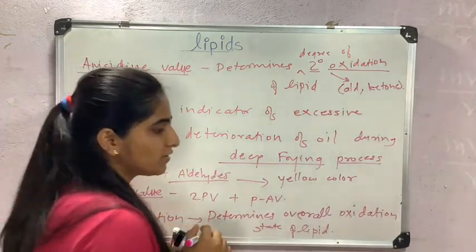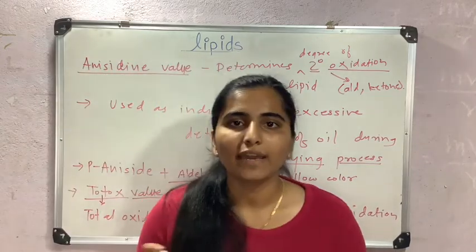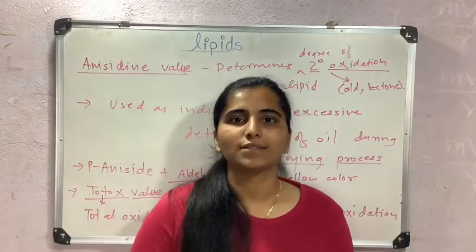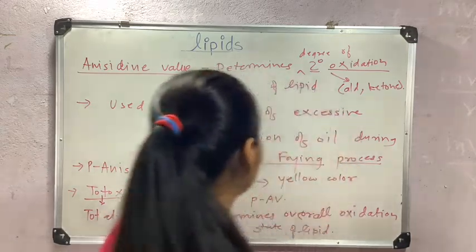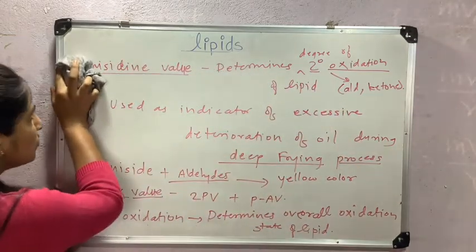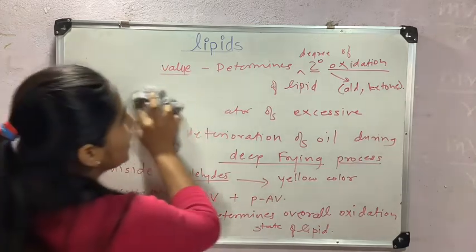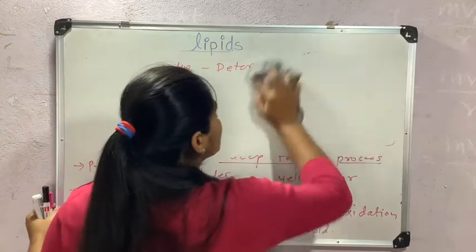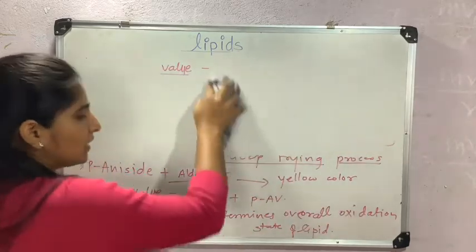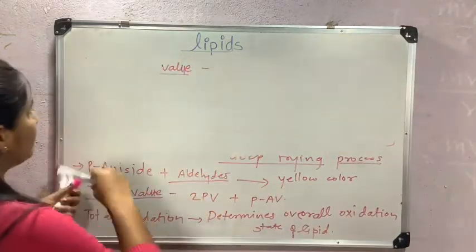And one more test, which is the TBA value or TBA test. TBA means thiobarbituric acid. This test is used to determine one secondary oxidation product, that is malondialdehyde.